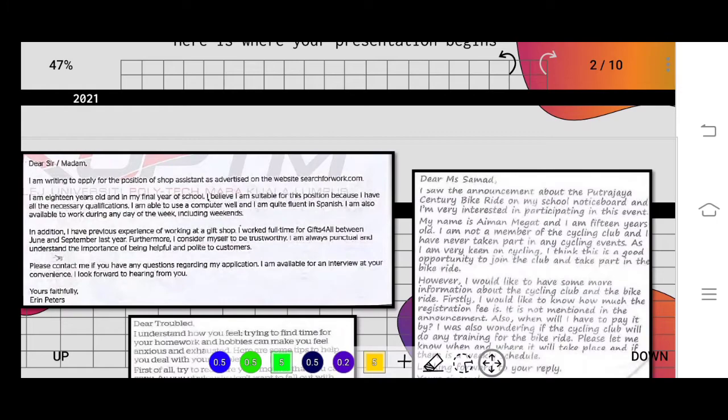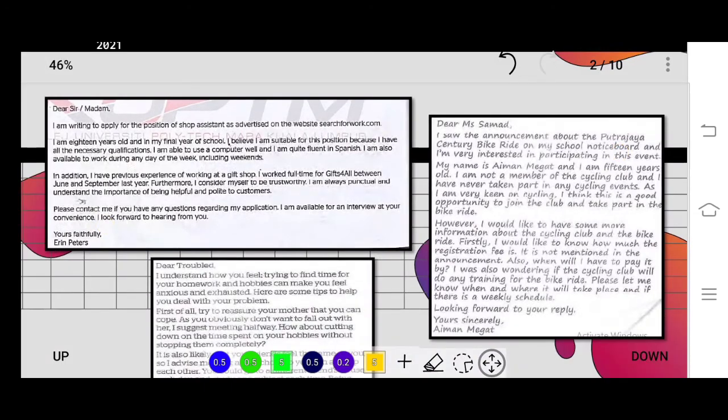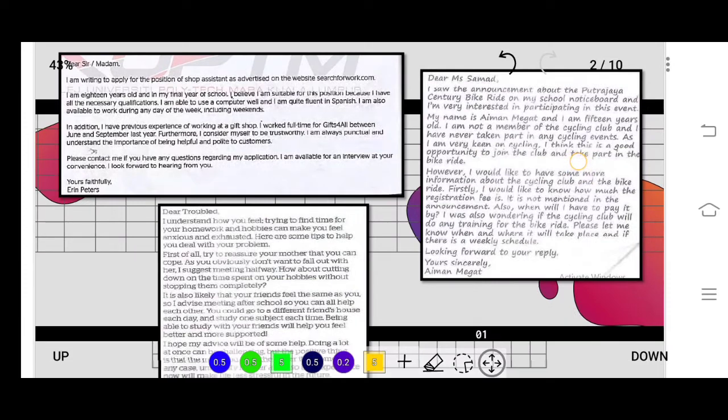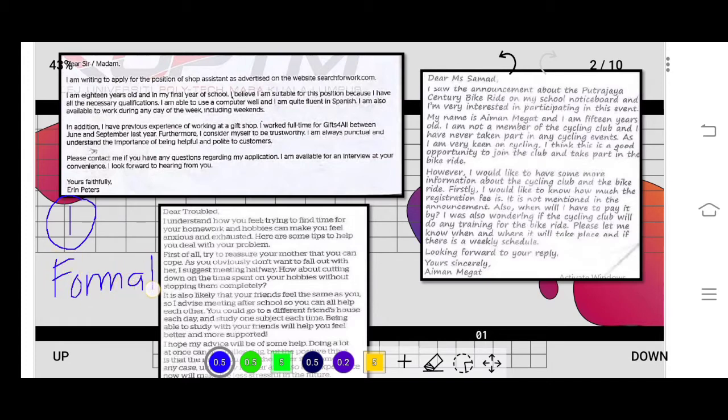Can you see the difference between those three letters? Can you find out what type of letters they are? The first one, what is the type of the letter? Are you sure? The first one is a formal letter. Let's move on to the second one.